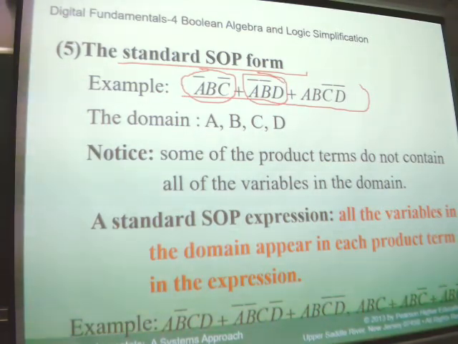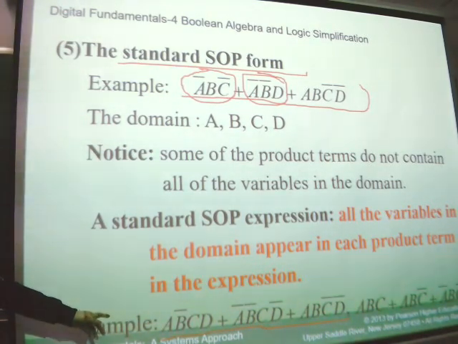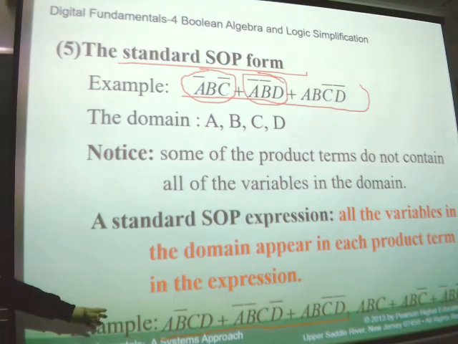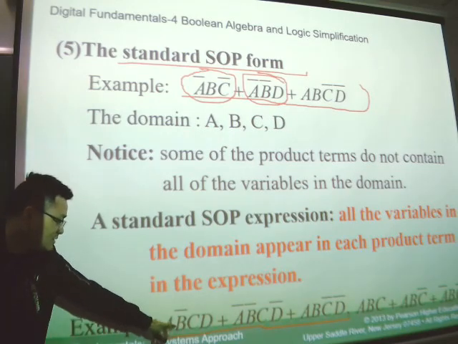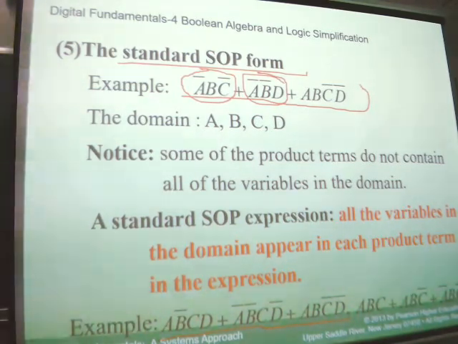The standard SOP expression is like this. A B bar C D, A bar B bar C D bar, plus A B C bar D bar. Because all the variables in the domain appear in each product term, it is a standard SOP expression.